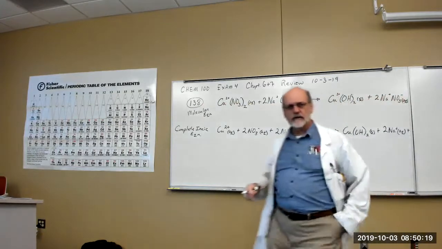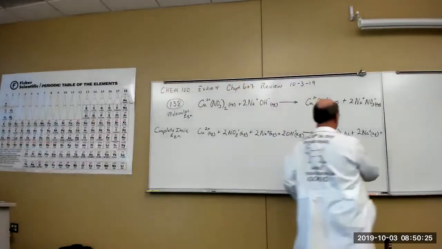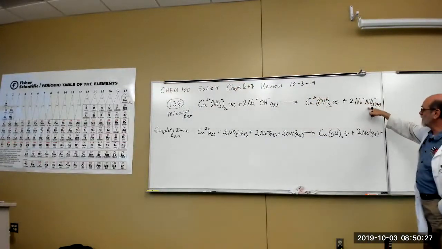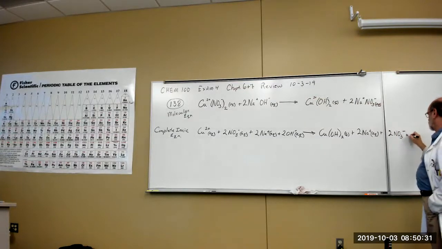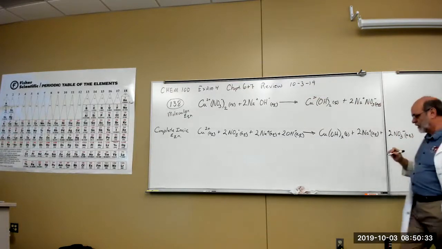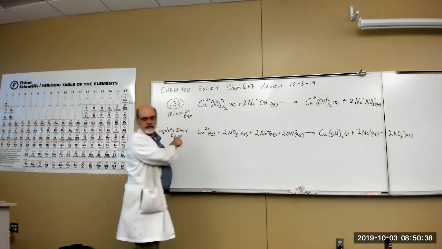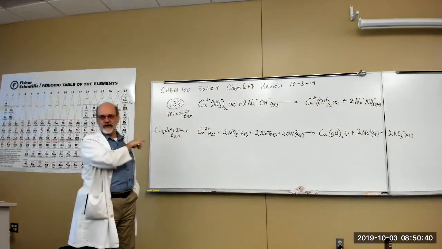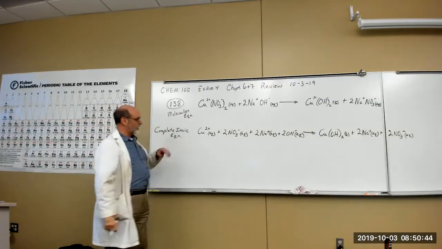So just a little bit more room here, so I can stretch it out. And 2 nitrates. So that's 5 points, that's 5 points. Okay, in our scenario. And that's the way you write your complete ionic equation.